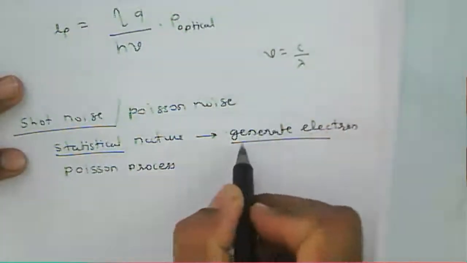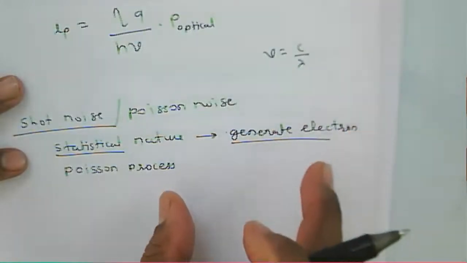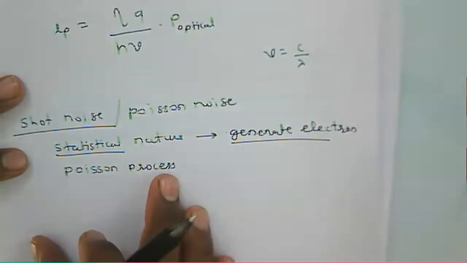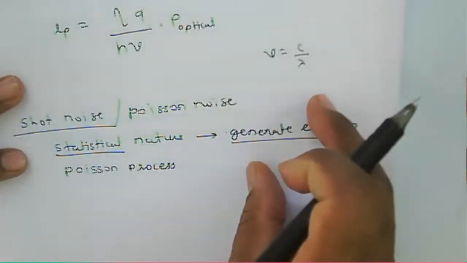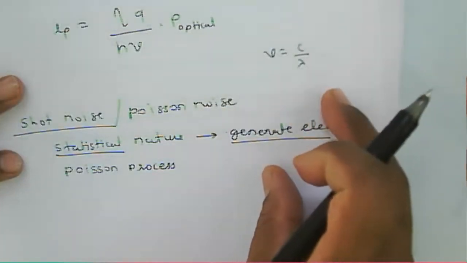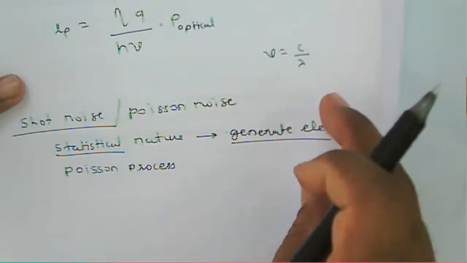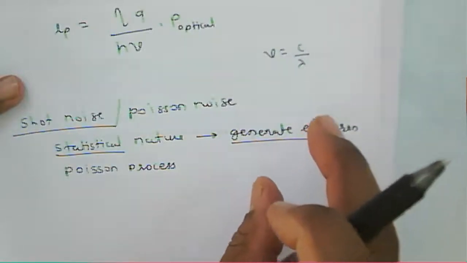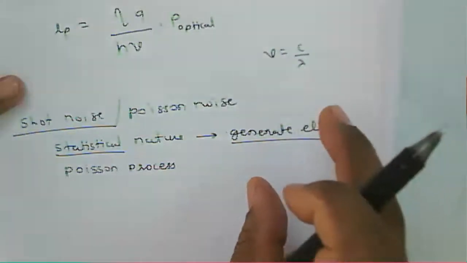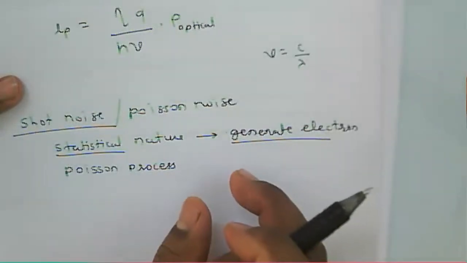When light falls on this, electrons and holes are generated, but there will be a fluctuation in the generation of these electrons, and because of those fluctuations, that will limit the sensitivity of the receiver.